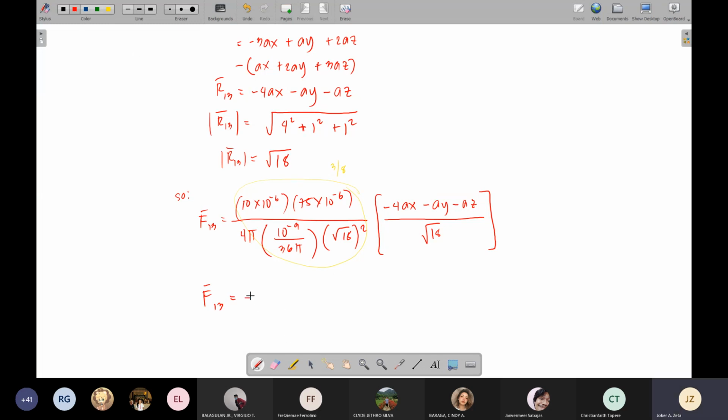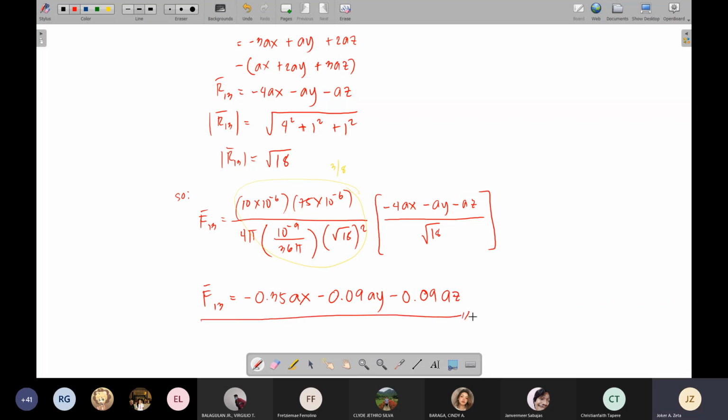Negative 0.35 AX. And then for AY, 3 over 8 times negative 1 divided by square root of 18. We'll have negative 0.09 AY. Okay? And then for AZ, 1 ramang gihapon so parehas siya sa AY. So minus 0.09 AZ. Okay?